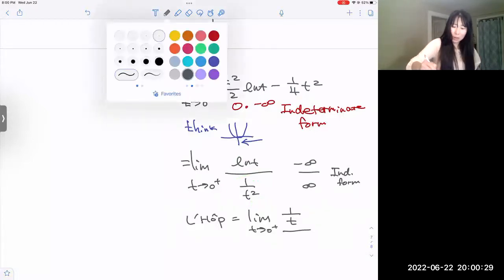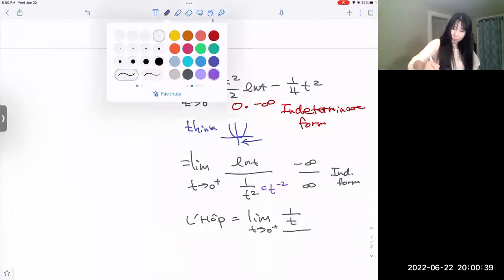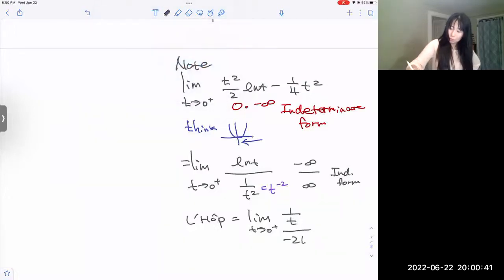It's better to use the power rule, so t to the negative 2, and the derivative is negative 2 t to the negative 3 in the top. Okay. All right. Would you like to include the 2? Okay, that's fine too.